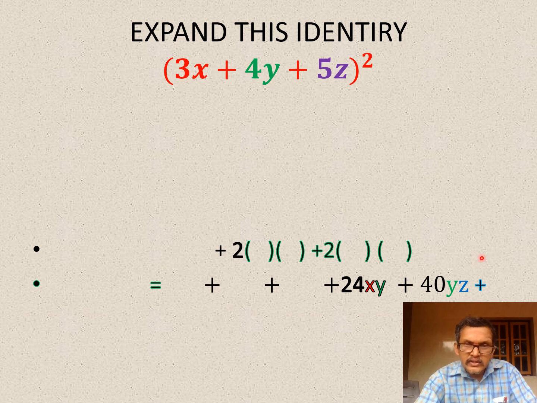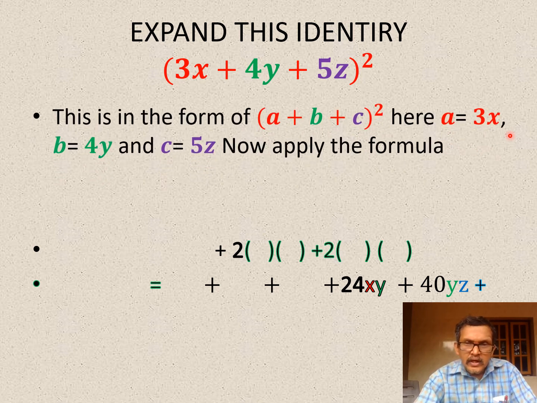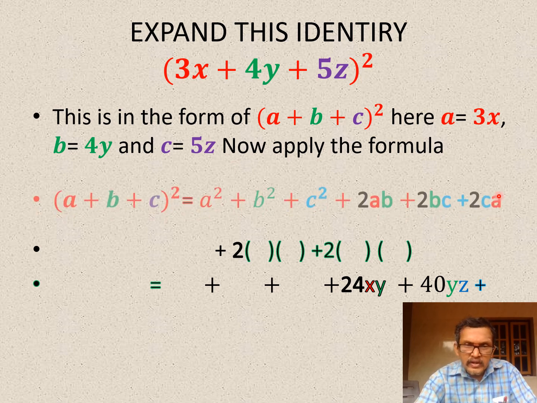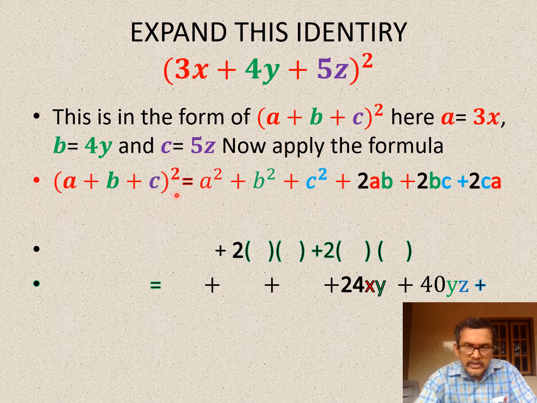Okay. Now let us take one problem: 3x plus 4y plus 5z whole squared. This is in the form of a plus b plus c whole squared. Apply a equal to 3x, b equal to 4y, c equal to 5z. Now apply the formula: a plus b plus c whole squared equals a squared plus b squared plus c squared plus 2ab plus 2bc plus 2ca.